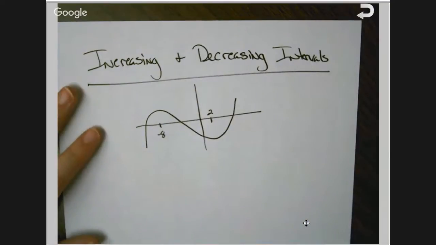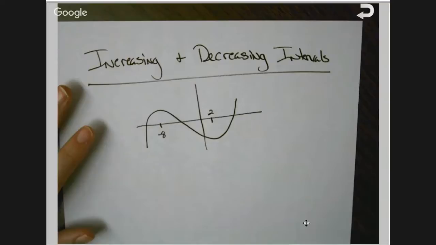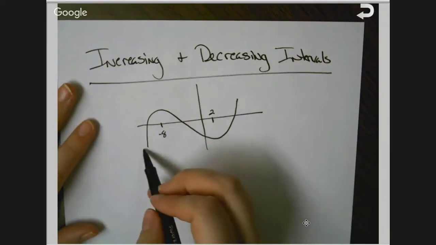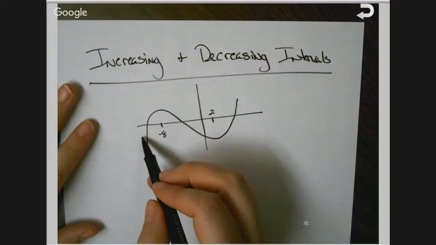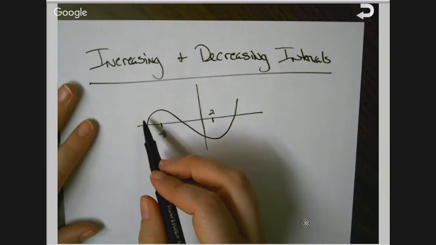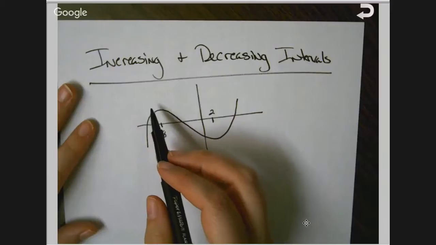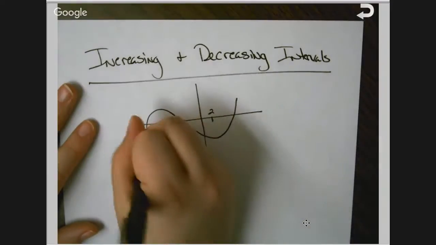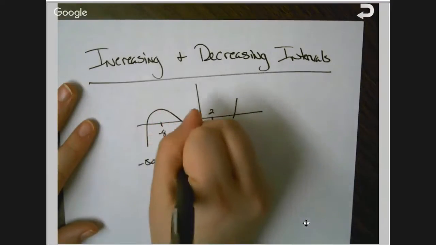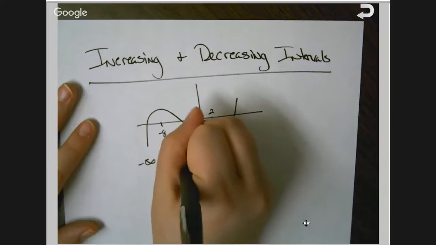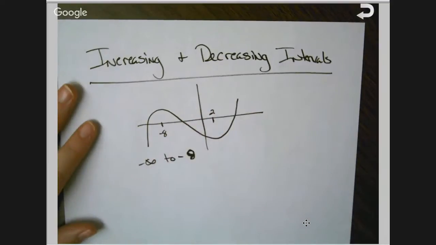Okay, increasing, decreasing intervals, it's like you're on a roller coaster, and you're telling me when you're going to rise and when you're going to fall. And you always read it from left to right. So my roller coaster's moving. Right now, what is he doing? Increasing or decreasing? Increasing, right? So from -infinity to -8, it's increasing.